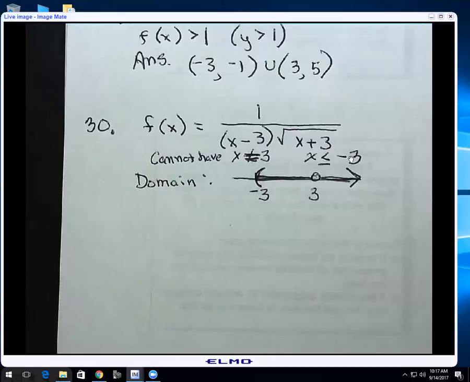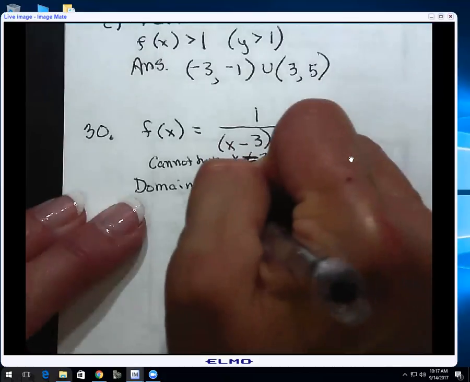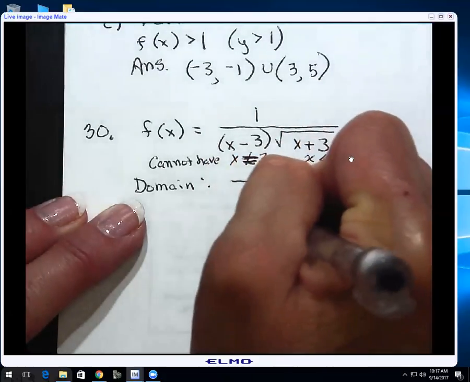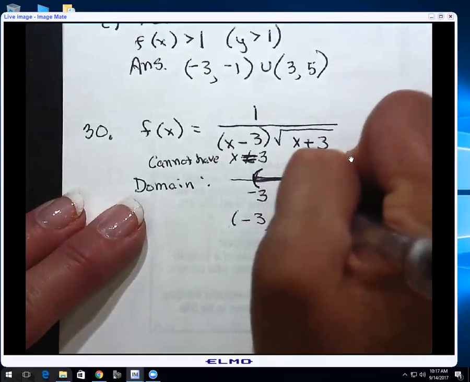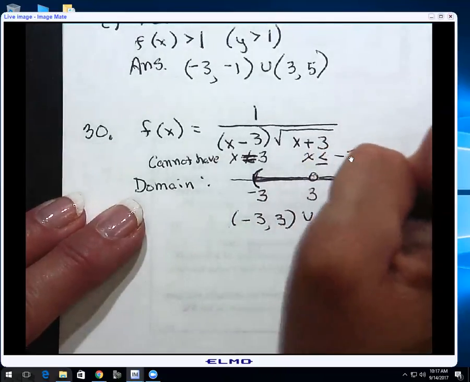It doesn't blow up the denominator. 0 is okay. What about 4? Could we use 4? Yeah, we can use everything bigger than -3 except for 3. So in interval notation, that would be from -3 to 3, not including the 3, and then from 3 to infinity, not including the 3.